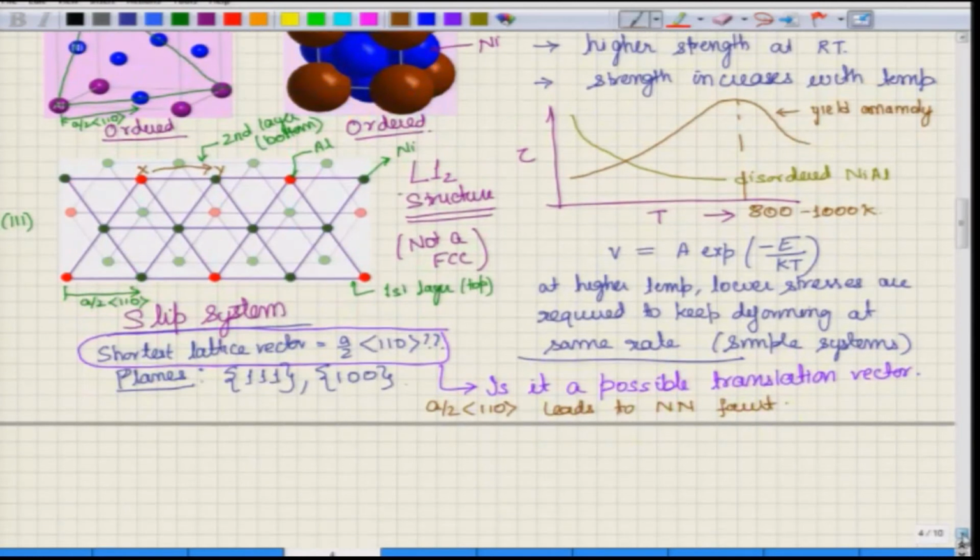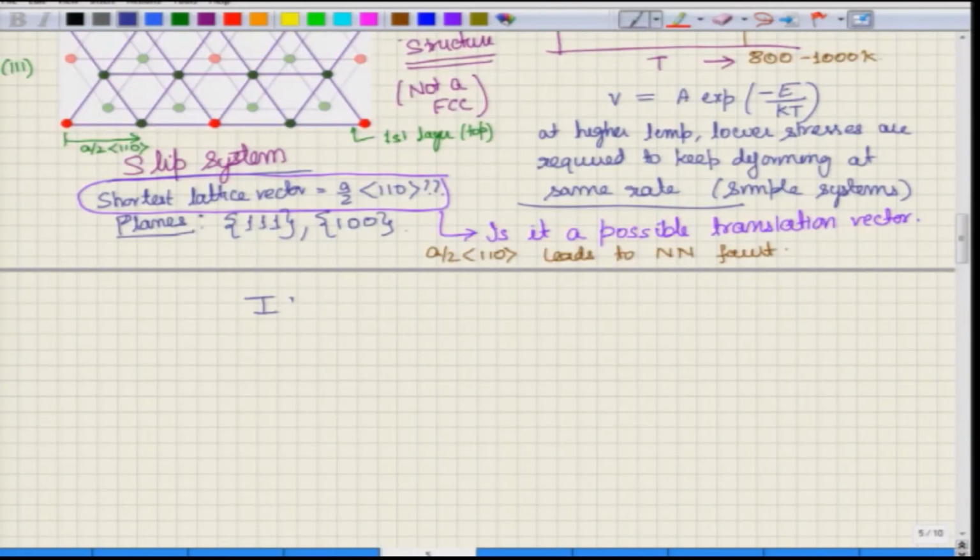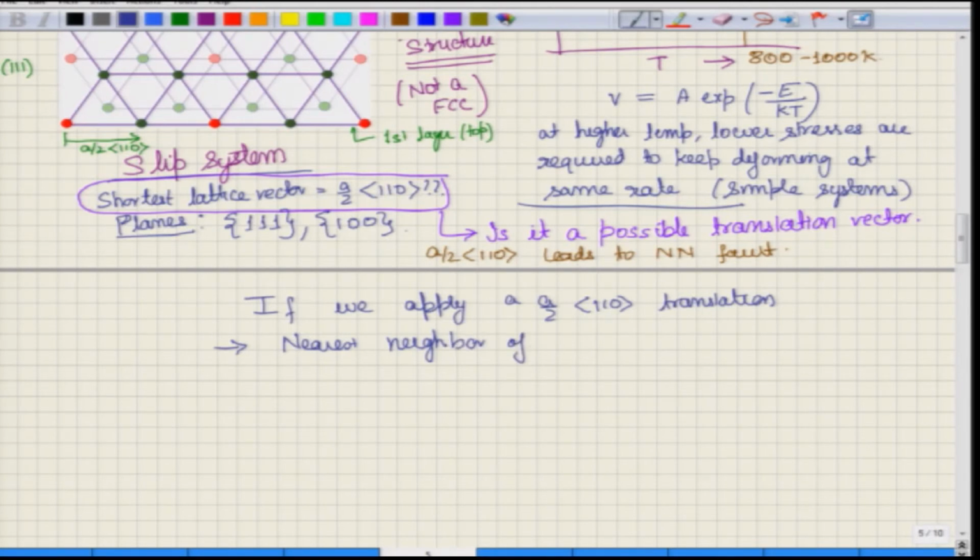And this is called, so if we apply A by 2 110 translation, nearest neighbors of aluminum changes, implies that A by 2 110 is not a lattice translation vector.